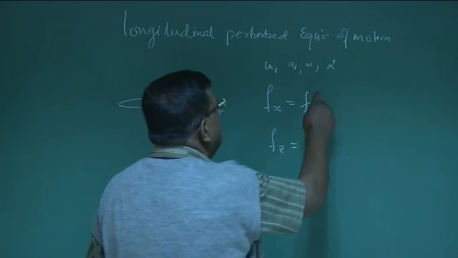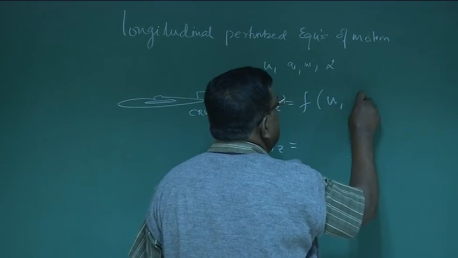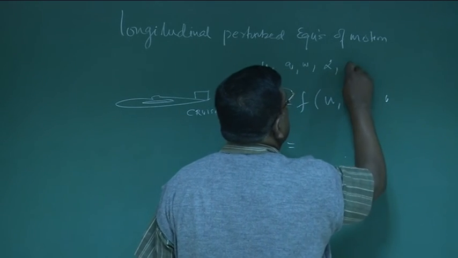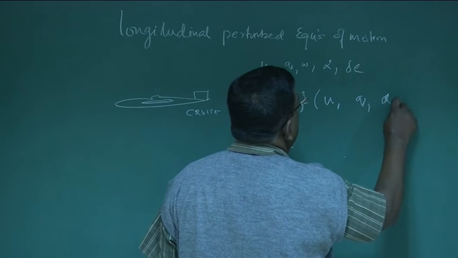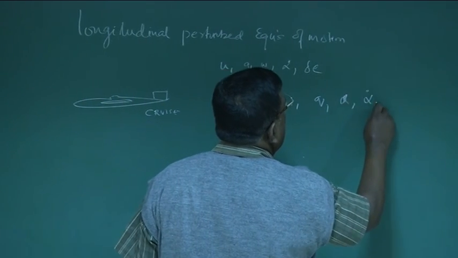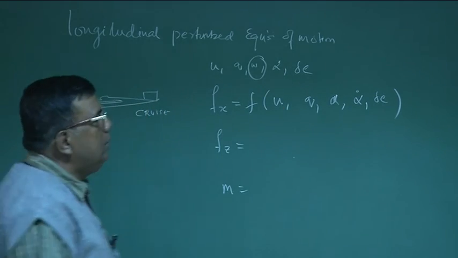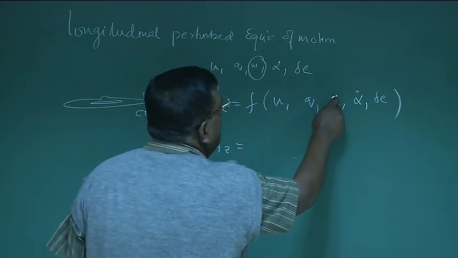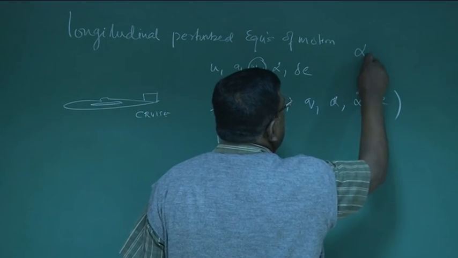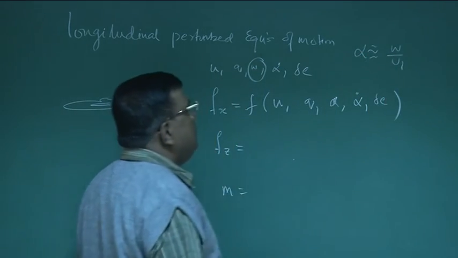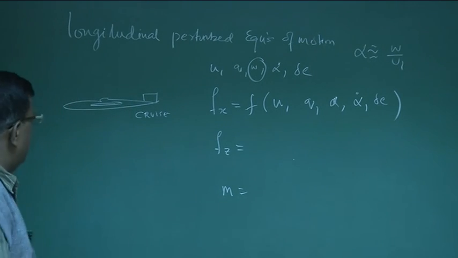And then we said, okay, I write it as a function of q, then of course there is a delta E also, so it's alpha dot and delta E. Note down here we have written W, but here we have written alpha, because we know alpha is nothing but W by U1 approximately. So if there is a W, so there will be alpha.